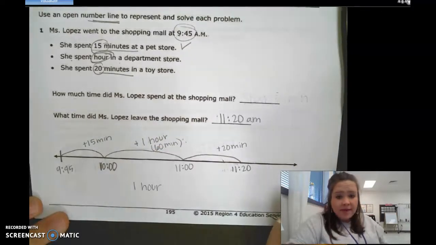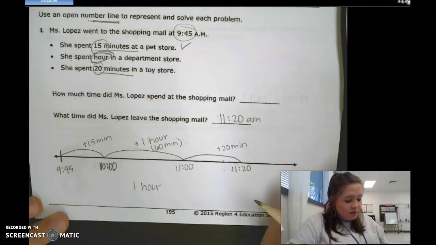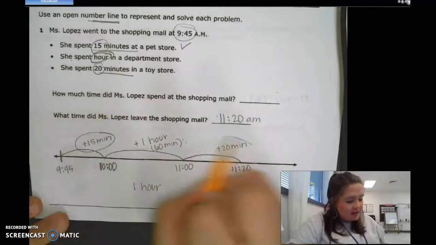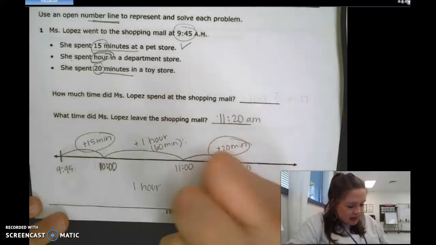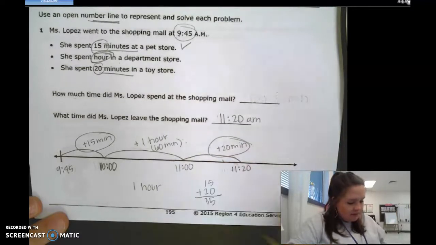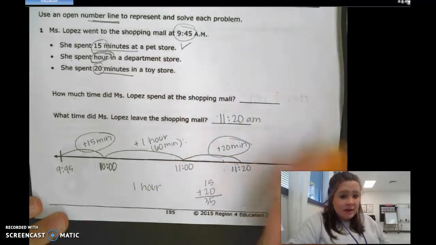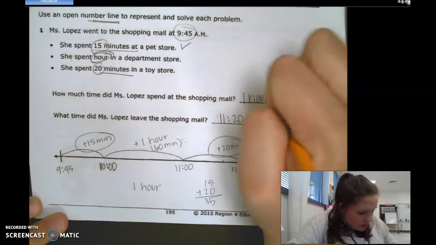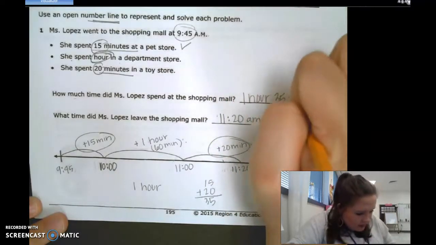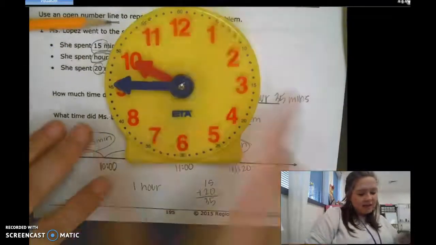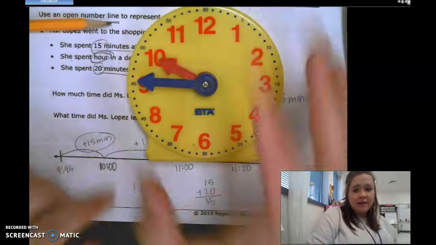Okay, and then I'm going to write, and then plus 15 minutes and 20 minutes. Well, 15 plus 20 is 35. She spent 1 hour and 35 minutes inside the mall, okay?